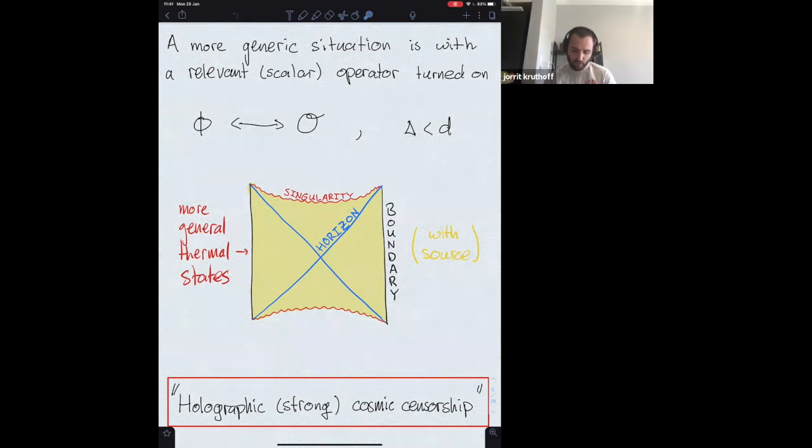And furthermore, the cases I will consider are deformations which are homogeneous and time independent on the boundary. So they're present for all time. And one of the key steps in proving or showing strong cosmic censorship or violations thereof is that perturbations do not decay too fast in the exterior.